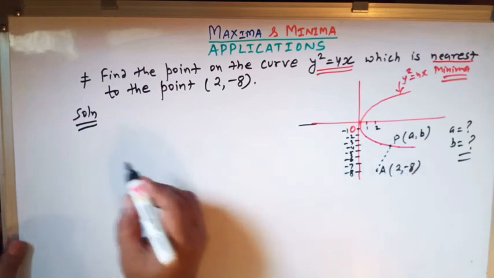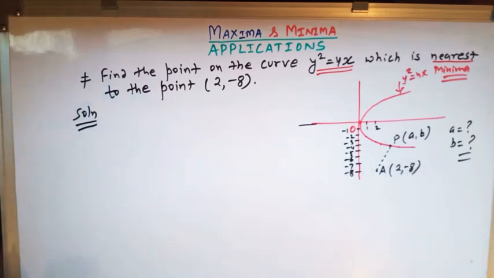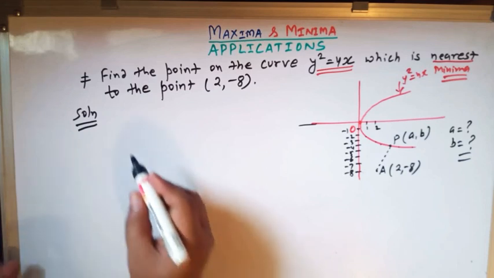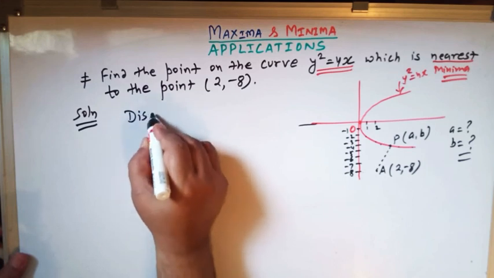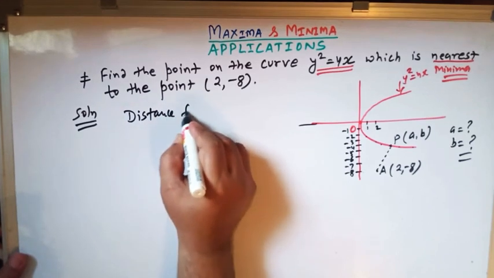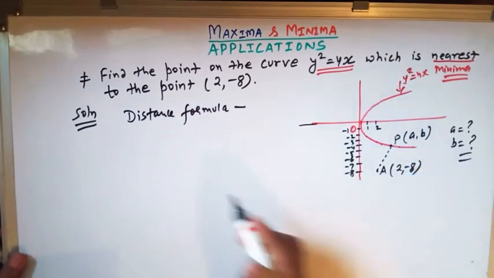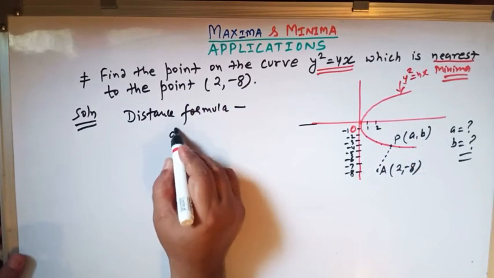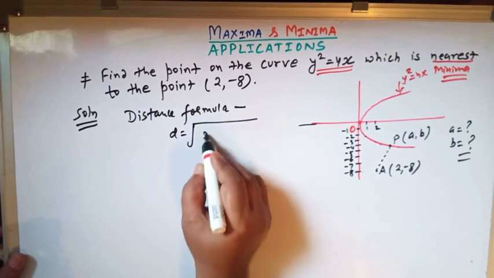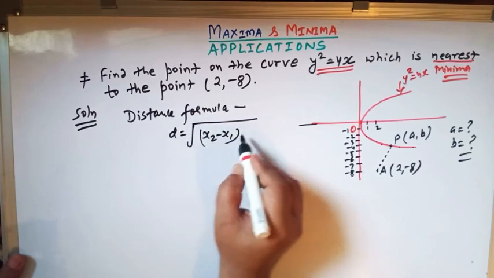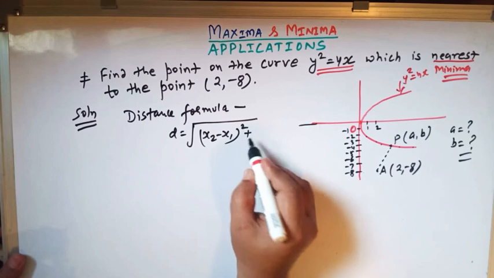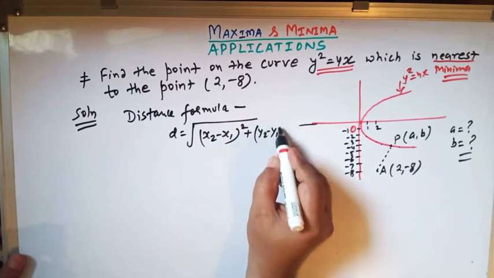Now the distance between the point P and A is calculated by using the distance formula, and viewers, we know that the distance formula between 2 points is given by this expression, square root of x2 minus x1 whole square plus y2 minus y1 whole square.